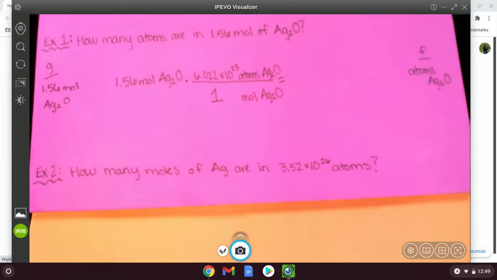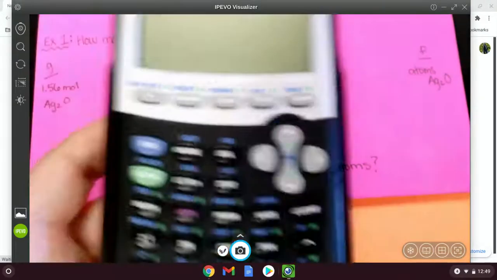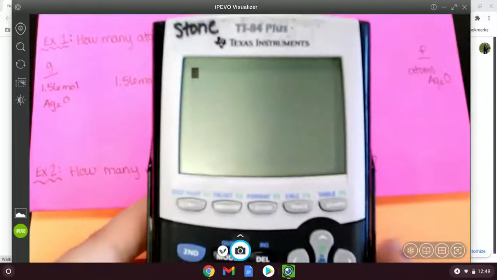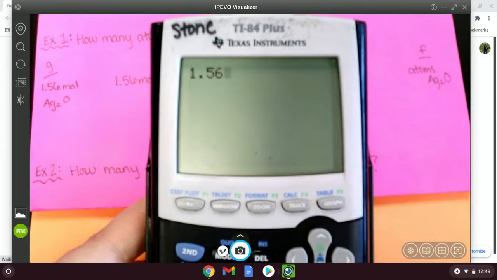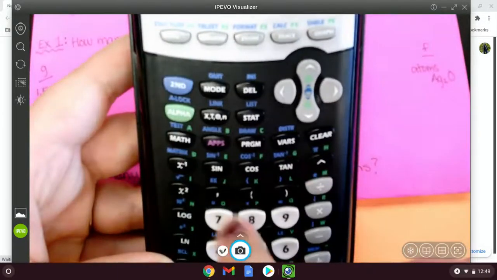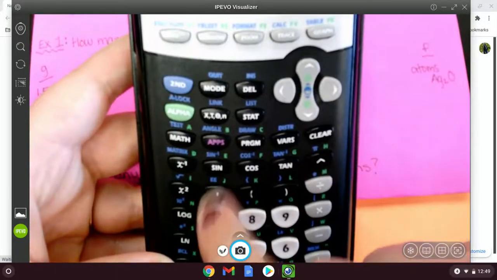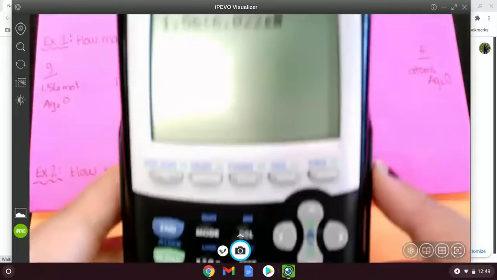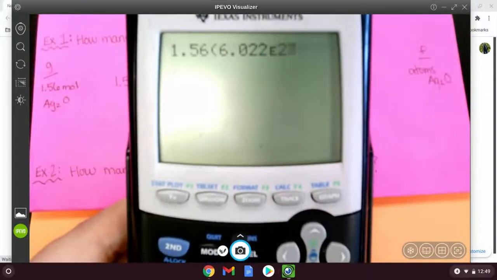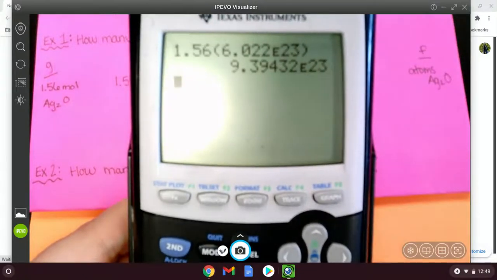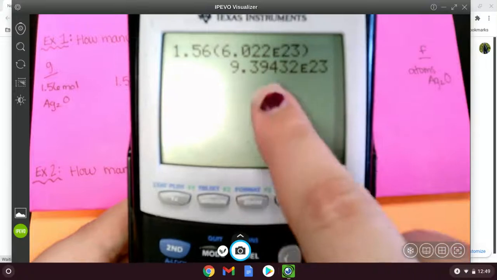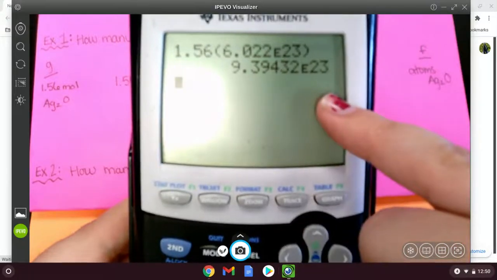Now in my calculator, I'm going to write 1.56, parentheses, 6.022, second button, comma, because it's the EE that I want. That will have an E pop up on my screen, 23. Notice my answer is now 9.39 E23.